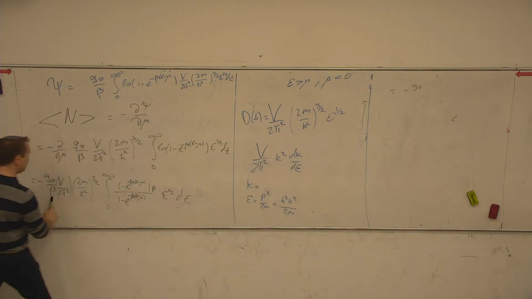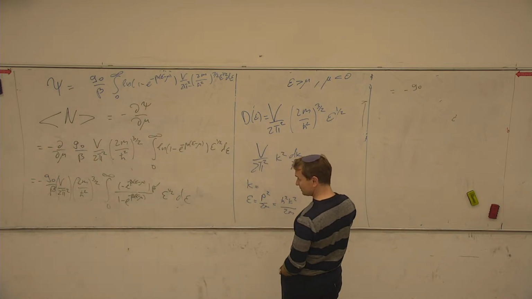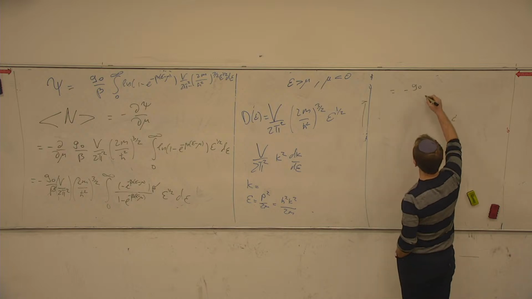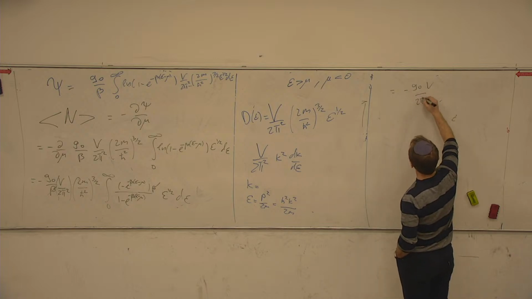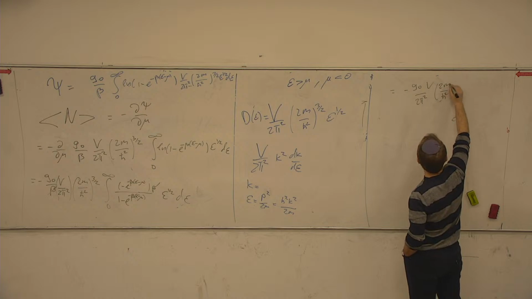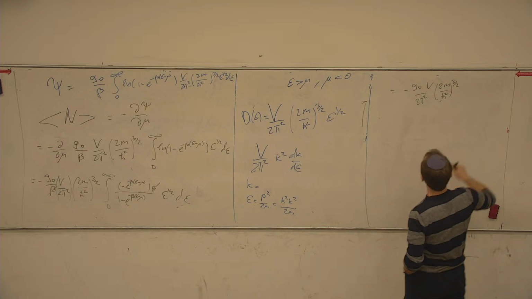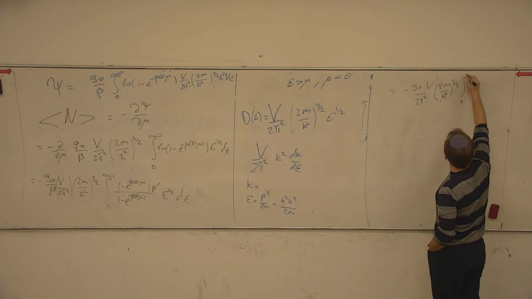Okay, so it is minus g0. Beta over here gets cancelled out. Something else is getting cancelled out too. So g0 V over 2 pi squared, 2m over h bar squared to the 3/2. Inside the integral, I'm going to have 0 to infinity.